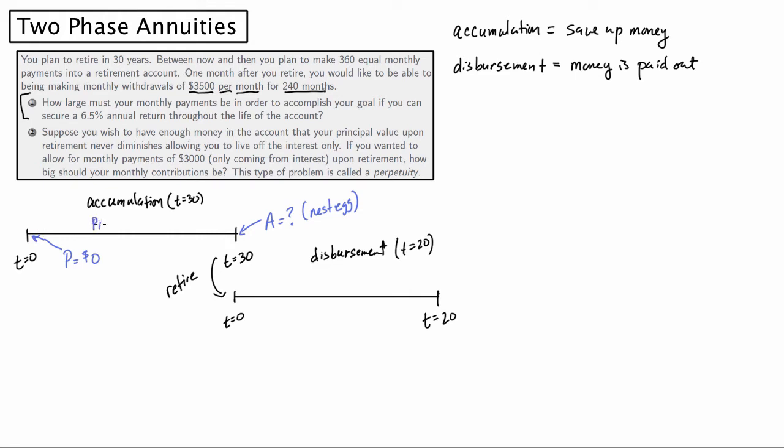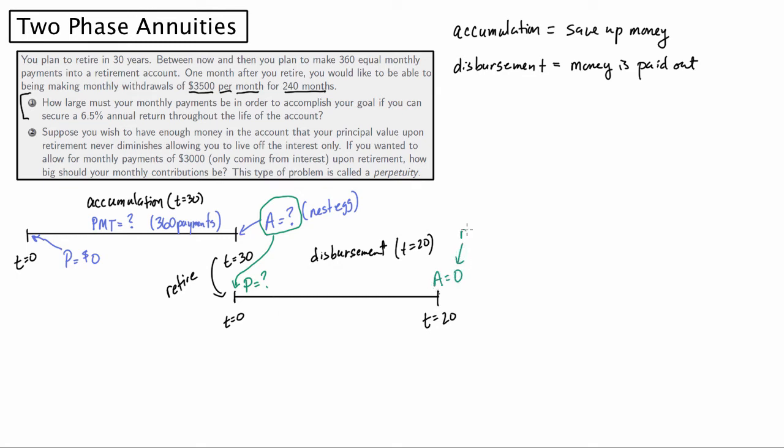You're making equal payments. So your payments are a certain size here, and there's a total of 360 payments being made. Equal payments at equal time periods once a month for 30 years is 360 payments. And so I kind of have to work this problem backwards, because when I retire, I'm paying myself this money, and so whatever was my nest egg now becomes the present value of the disbursement phase, and the future value of the disbursement phase is 0.